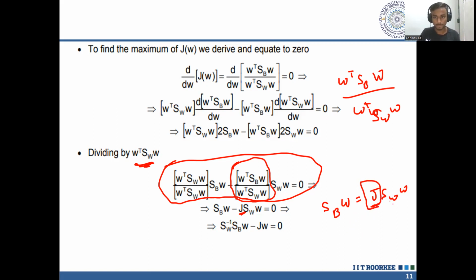So consider SW to be a full rank matrix, so we can take an inverse of that. And suppose it's not full rank, then we can consider some pseudo inversions.